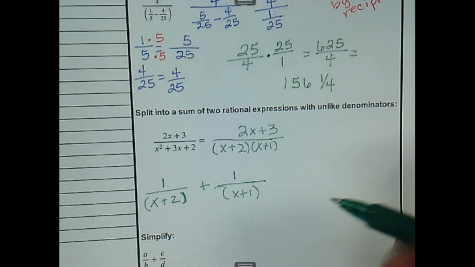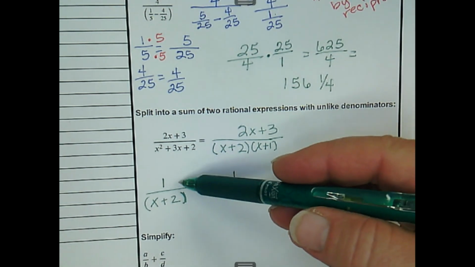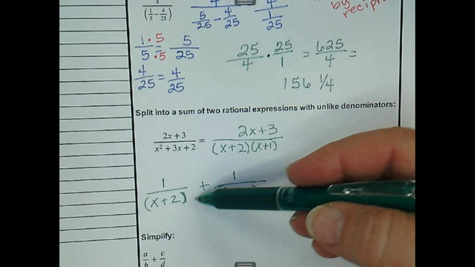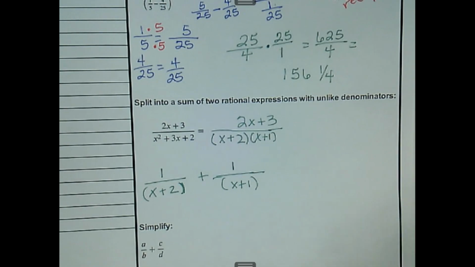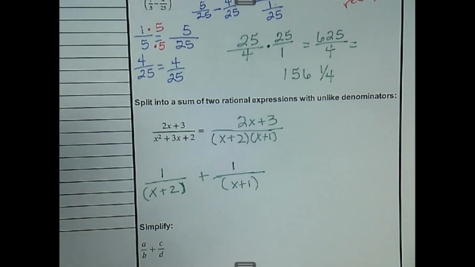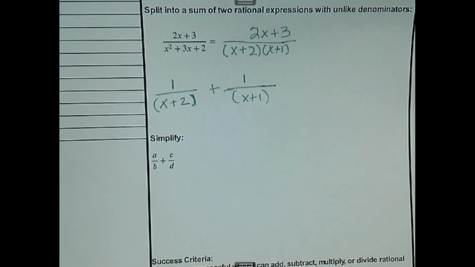Because you're going to end up multiplying this by x plus 1, which is where the x plus 1 comes from. You'll multiply this by x plus 2. So when you add them together, you will get 2x plus 3. Just a different way of thinking, a little bit higher up than what we normally do. But I do want you thinking those ways to try to understand why things work.